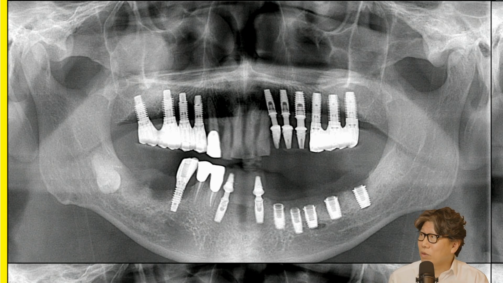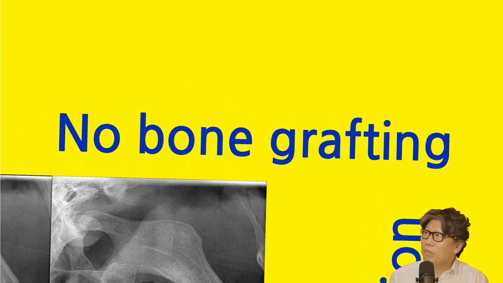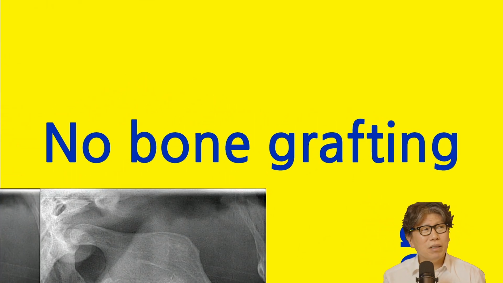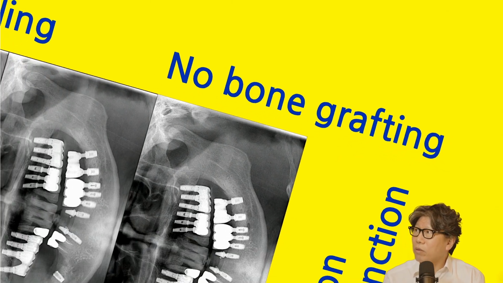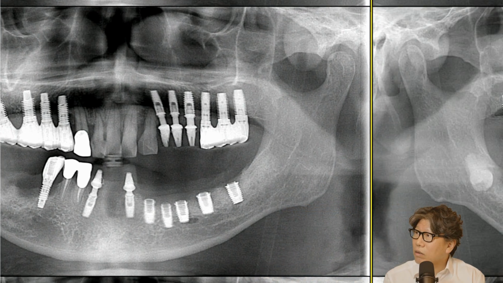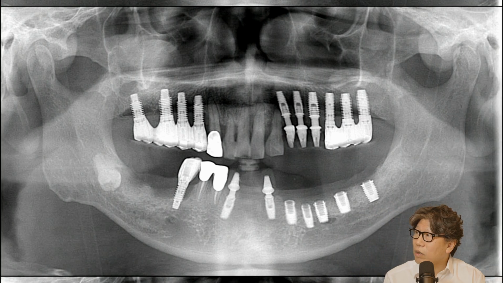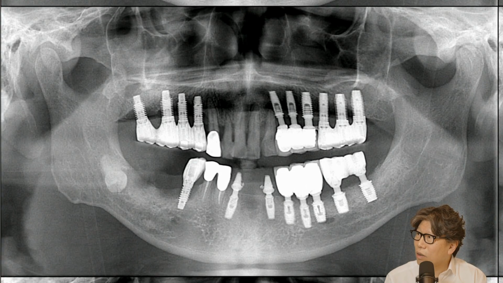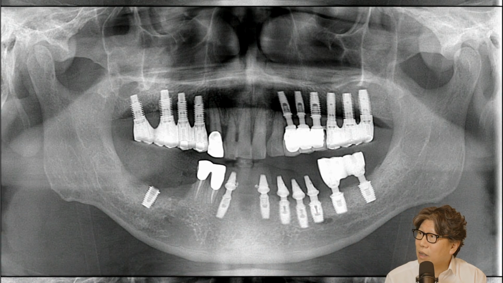It's beyond common sense. Now they're talking about grafting it, but they don't bone graft. If you do, it's a bigger problem. You don't have to bone graft, you don't have to wait. And then if you wait, the bone just fills up more. It just comes up more. So you prosthesize it, and then you do the same thing on the other side.